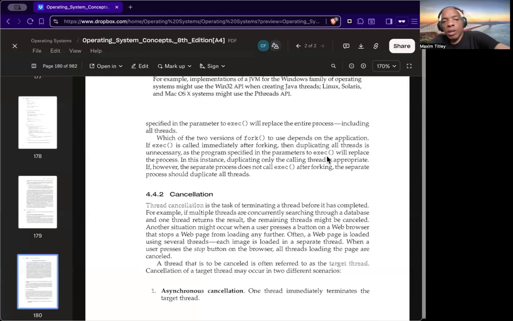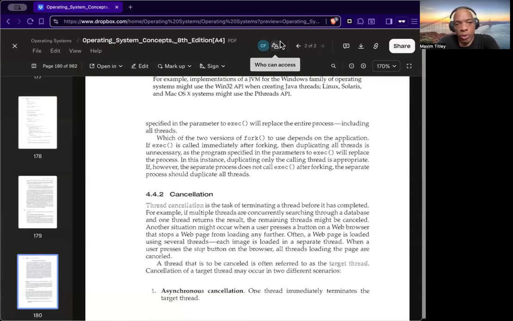So if exec is called immediately after forking, then duplicating all threads wouldn't be necessary, as the program specified in the parameters to exec will replace the process. In this instance, duplicating only the calling thread would be appropriate.